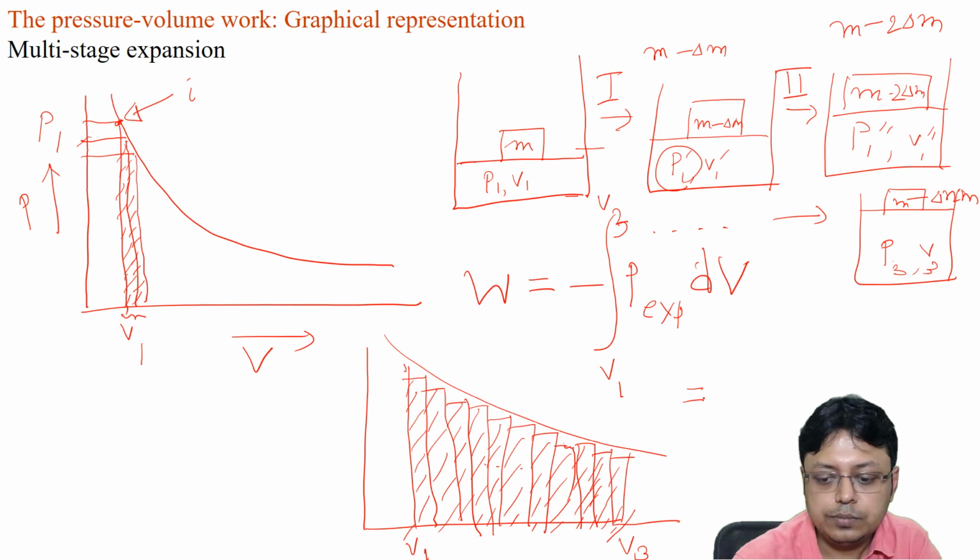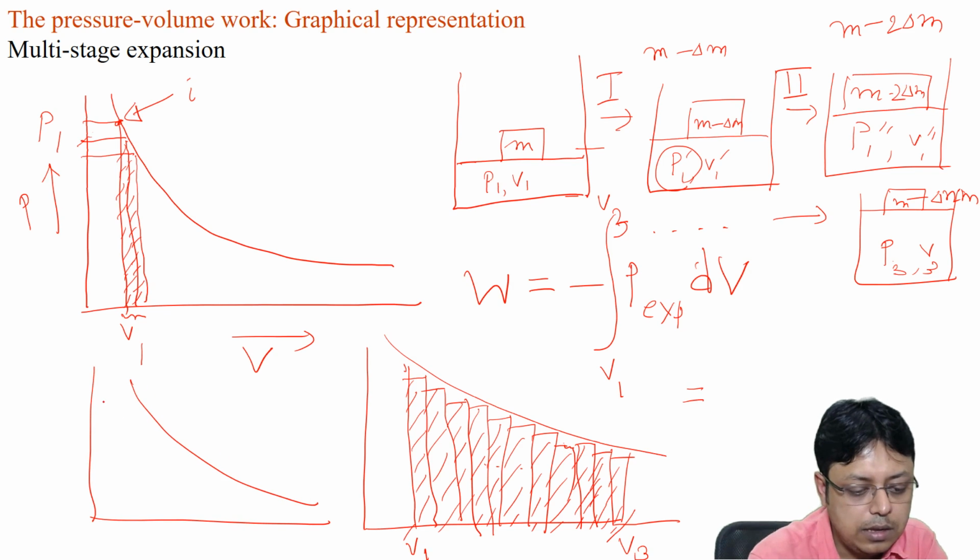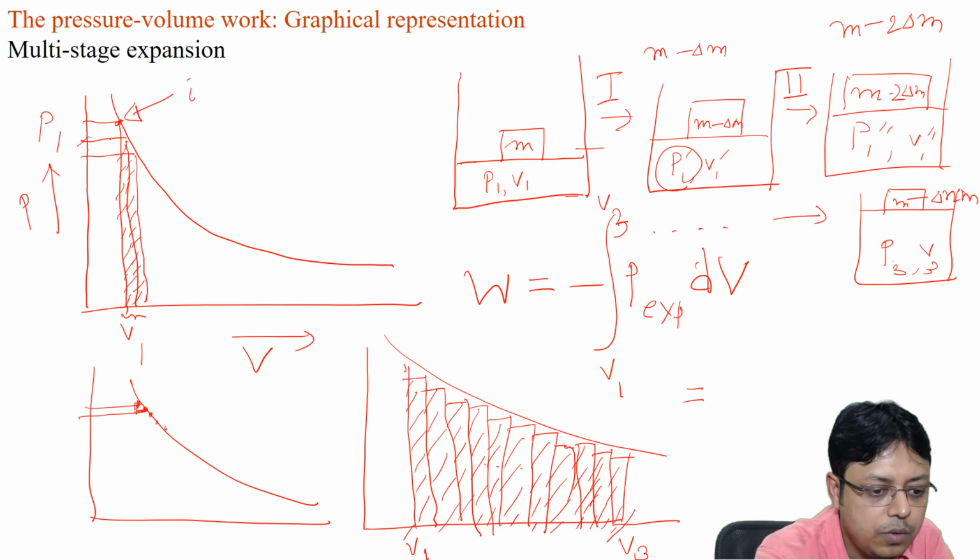Now if we do that in very small steps, if I reduce the external pressure by a very small amount, delta P, which is associated with the mass delta M, then I can approximate that this reduction in pressure will always be equivalent to the pressure of the system itself, meaning the pressure is dropping as if the system is adjusting the external pressure every time.